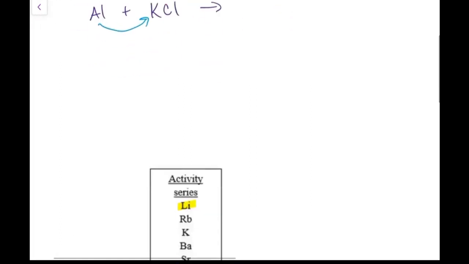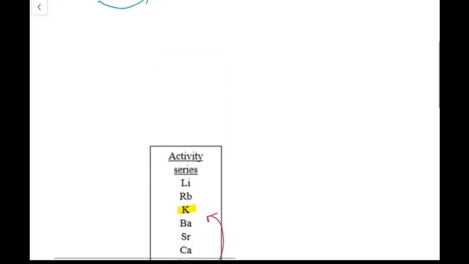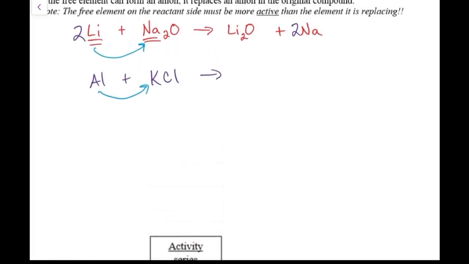So then I'm going to look at my list and go, oh, wait a minute. Let me erase my previous highlights here. So this time aluminum is trying to replace potassium, but aluminum is below potassium, so we cannot have aluminum replace anything above it. So this reaction doesn't happen, and you literally are just going to write no reaction or NR.